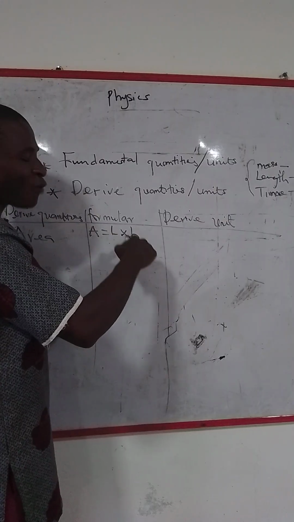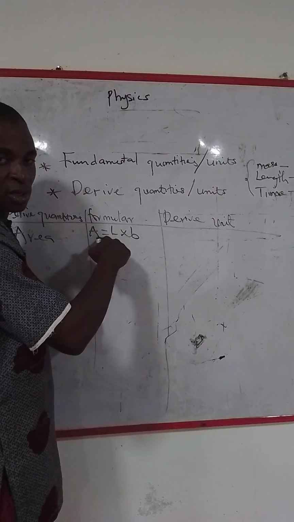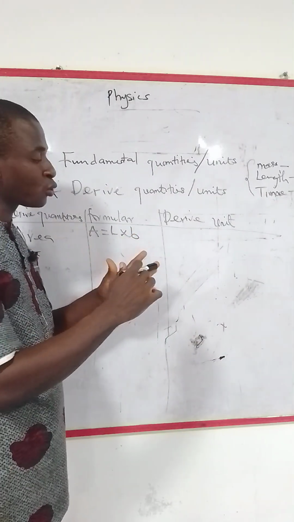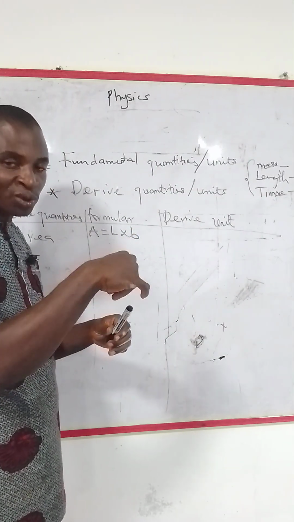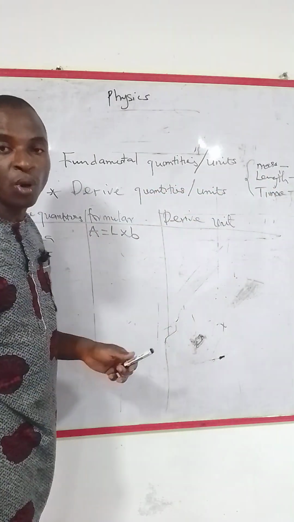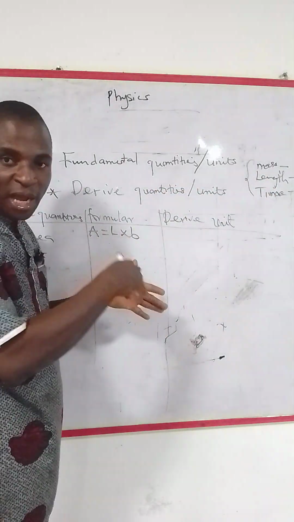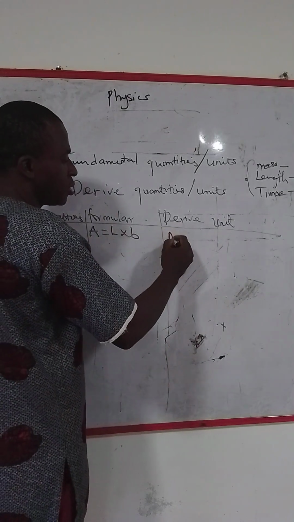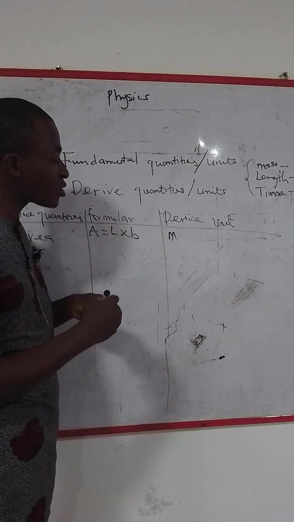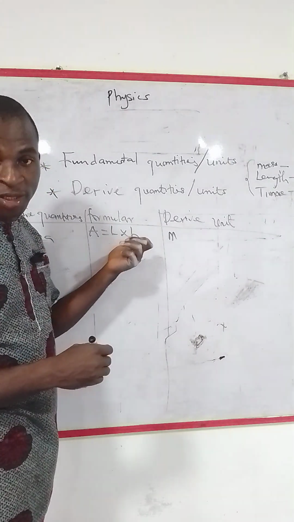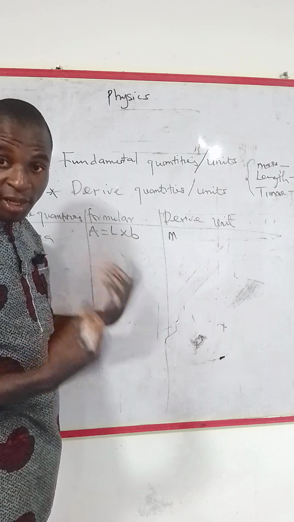In the place of the respective quantity, because the formula will give you different quantities at this time, in the place of the respective quantity in the formula, we're going to slot in what they represent in the formula. In the case of length, the unit of length is meter. In the case of breadth, it is also length.